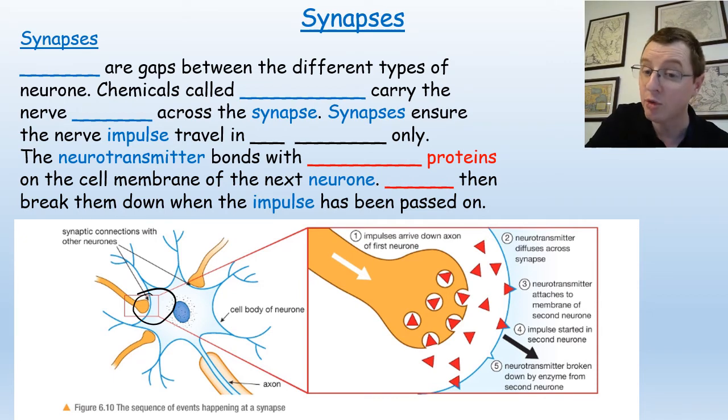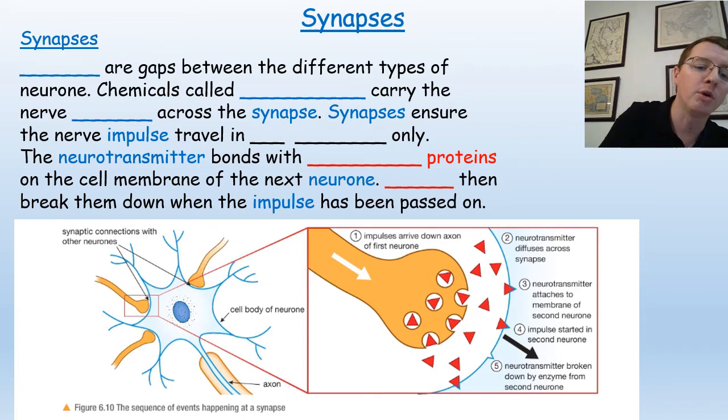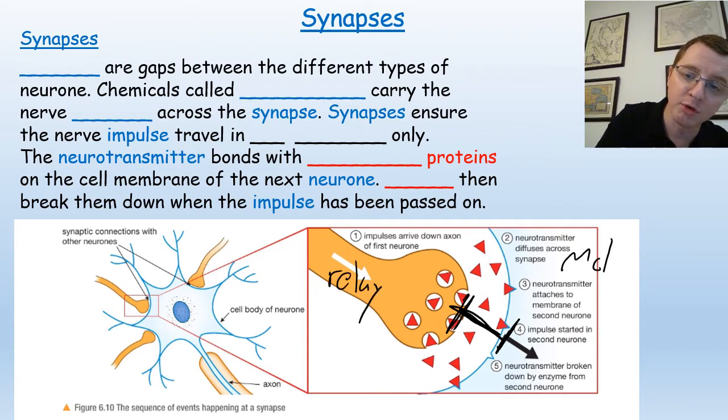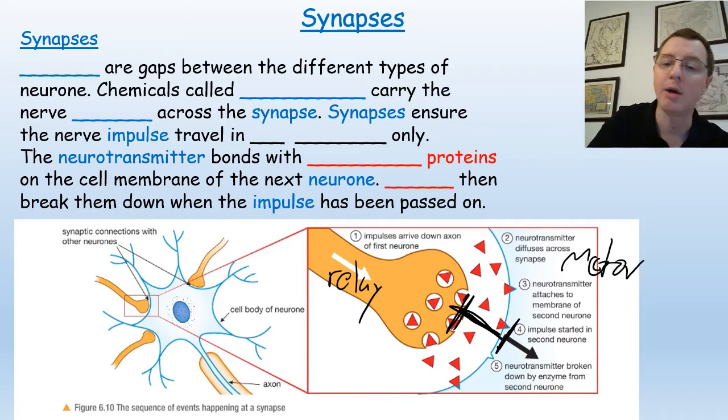They're really close together. I mean, they are millionths, thousandths of a millimeter apart, but they do not touch. So how is it that an electrical nerve impulse can cross this gap? This is the gap between the relay neuron and the motor neuron.